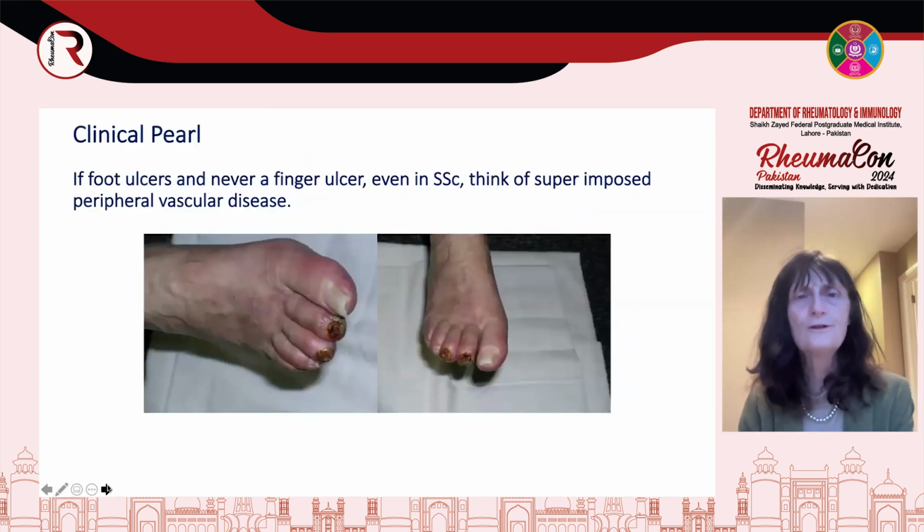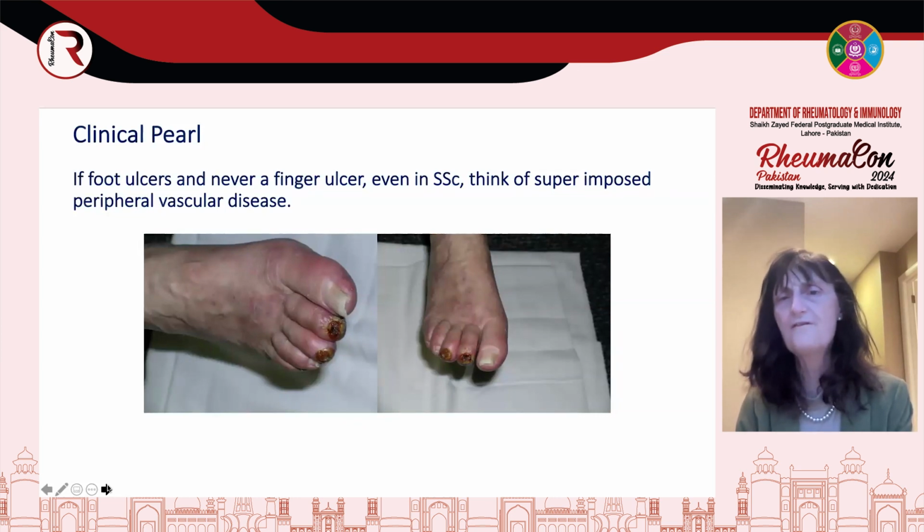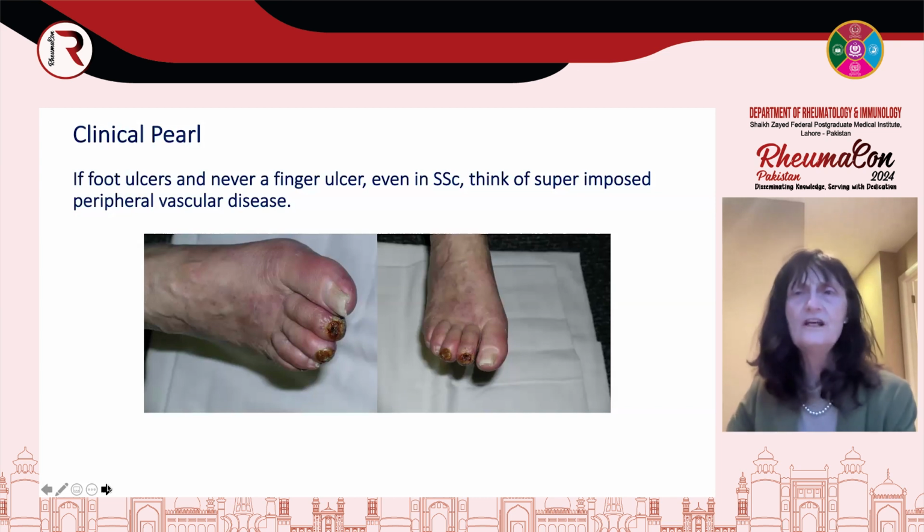Another clinical pearl is if someone with systemic sclerosis or anyone with Raynaud's is getting more feet, toe ulcers than hand ulcers, finger ulcers, think of peripheral vascular disease superimposed, microvascular or macrovascular. Macrovascular we can treat. We can possibly get an angioplasty.